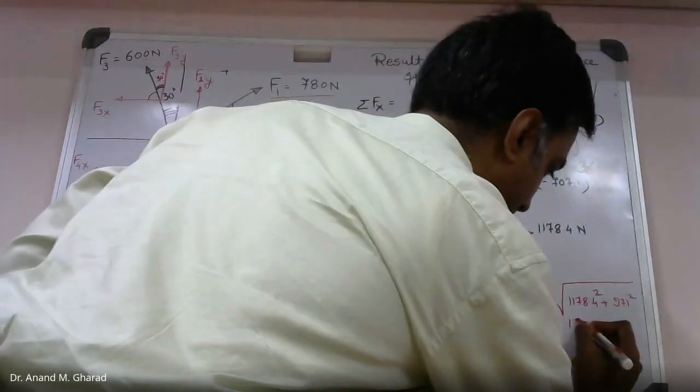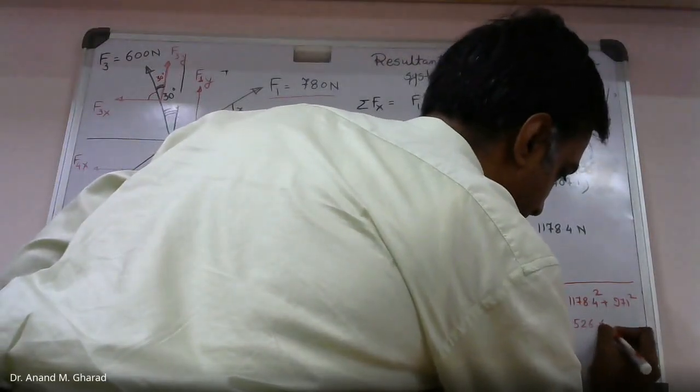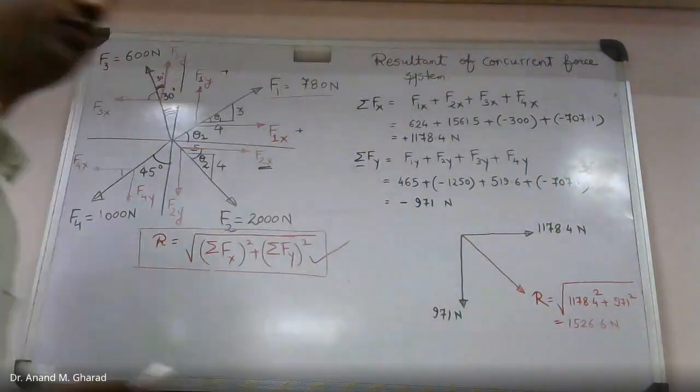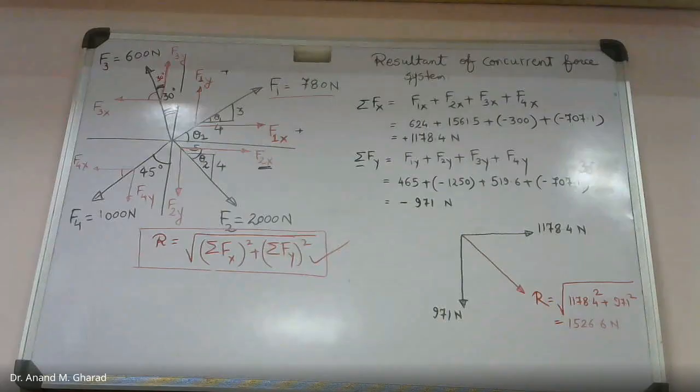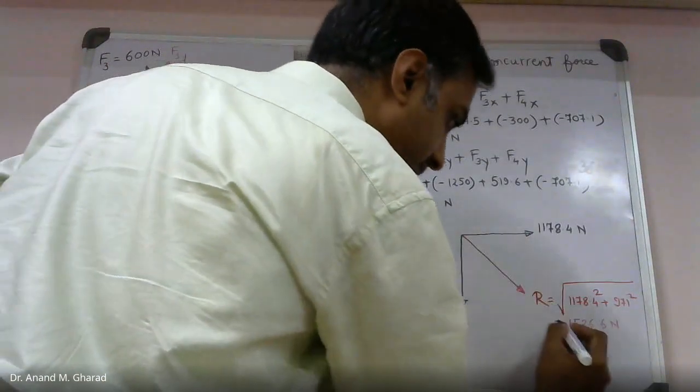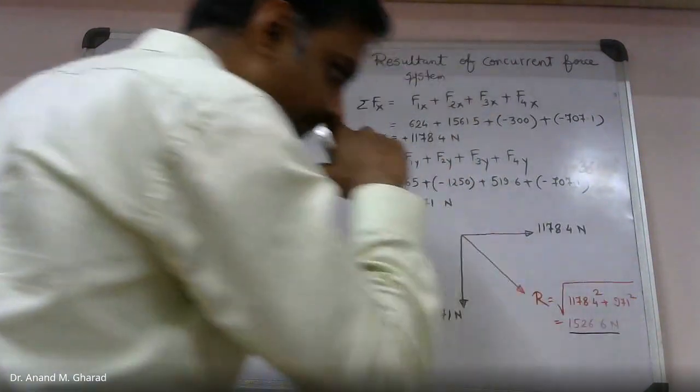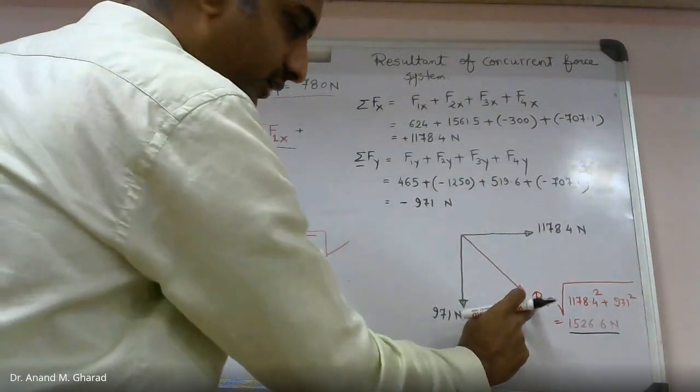Acha, 1526.6. Others, please also verify. Yes, sir. So this is the magnitude of the resultant force.